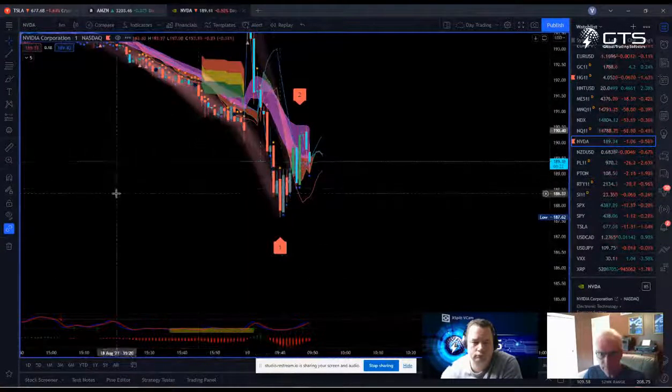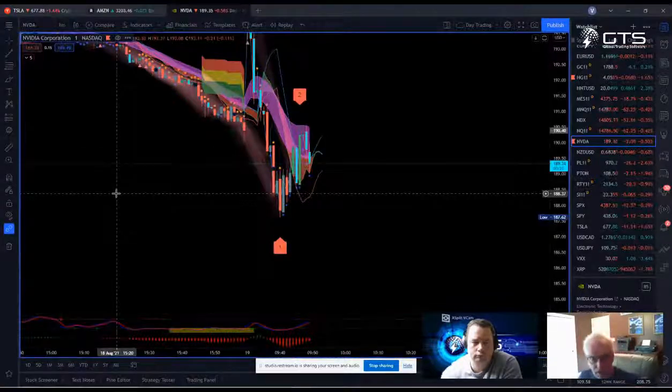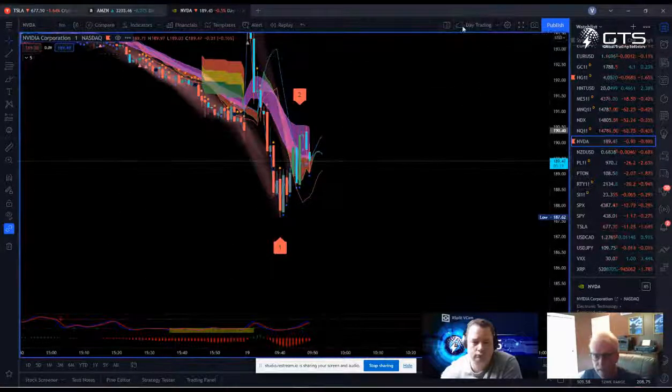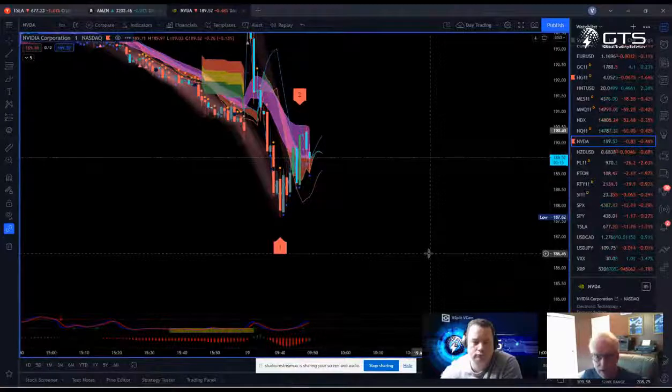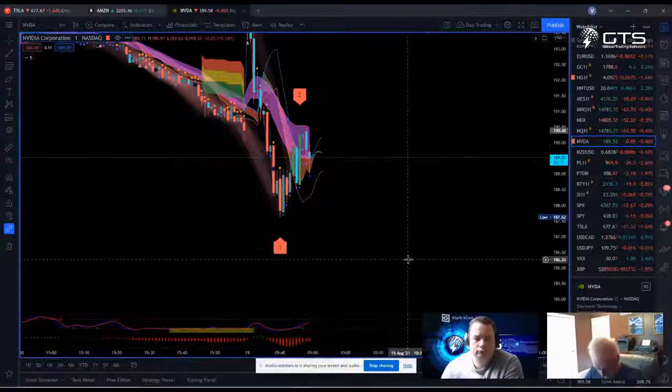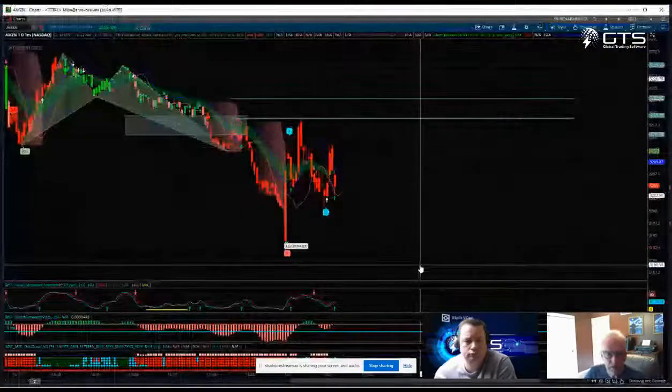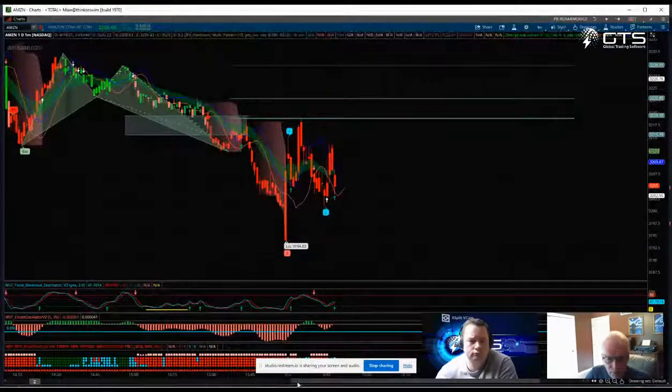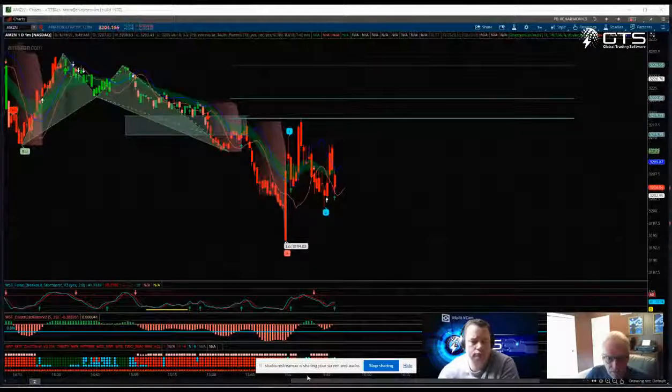But right now we're not even at a wave 3 and 4 setup. One of the things that I also look at when I place the trade, let me try to see if I can find a wave 3. I don't think I have a wave 3 in this one.